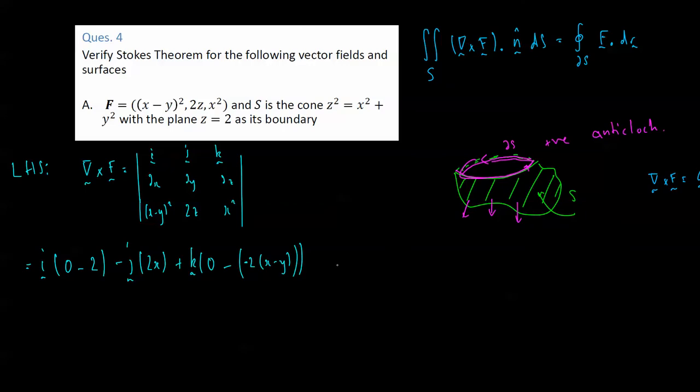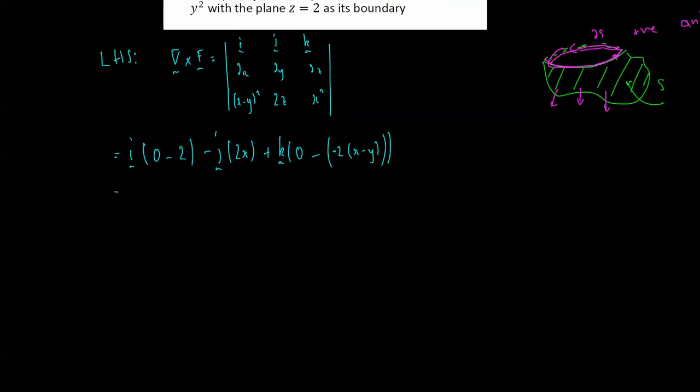So that is my vector field. It's going to be negative 2, negative 2x, and 0 minus minus, so it's 2x minus 2y. So that is the vector field.